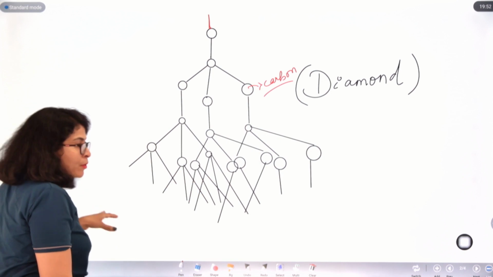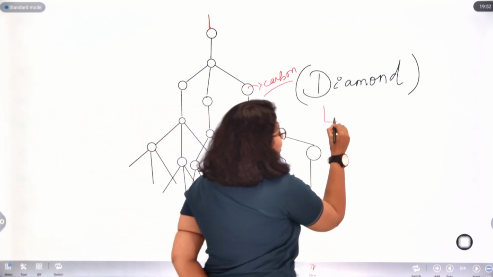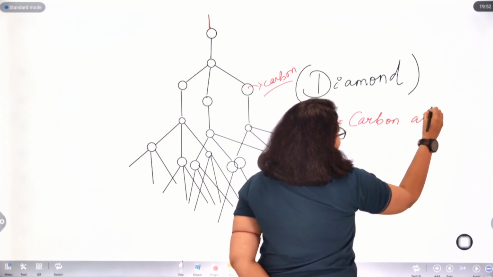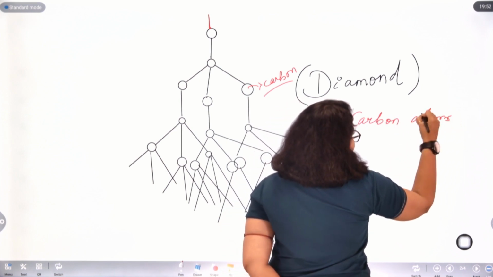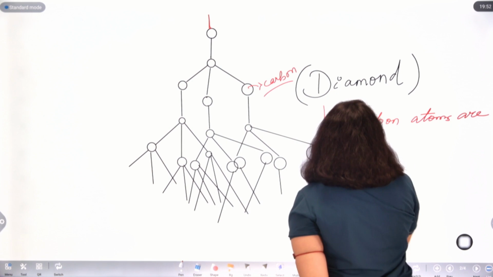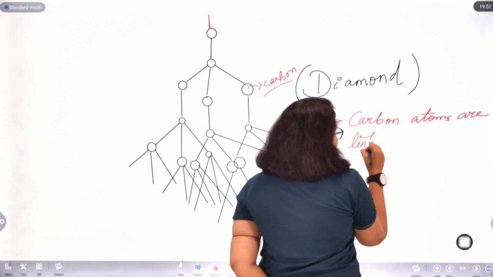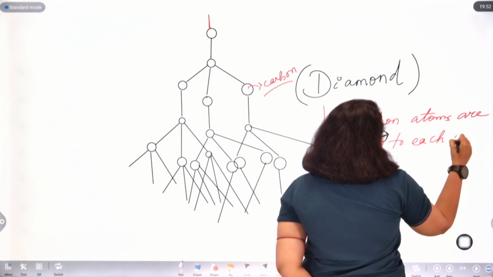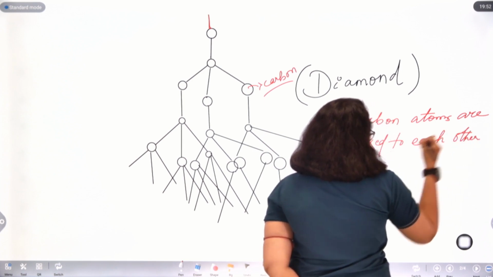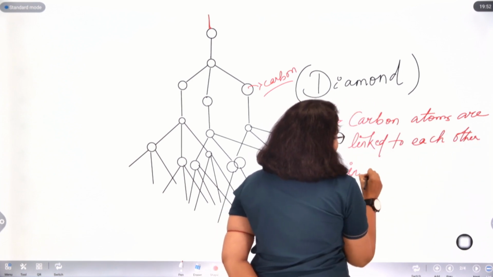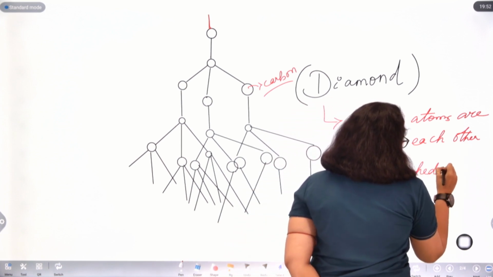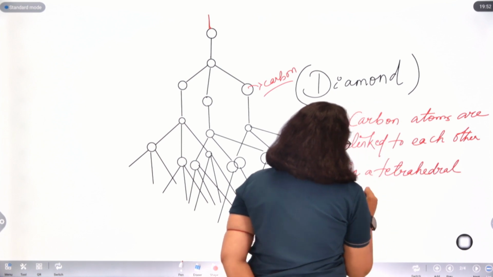So in diamond, you remember, the carbon atoms are linked to each other in a tetrahedral manner.